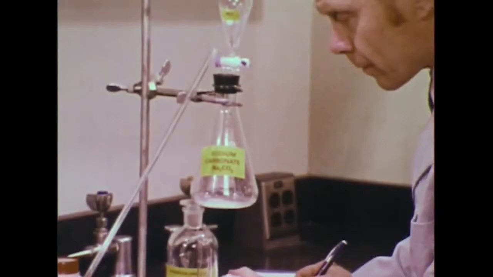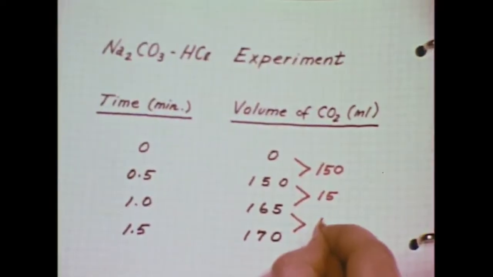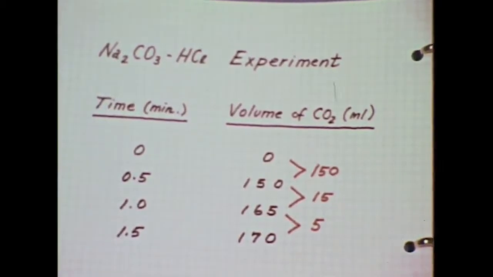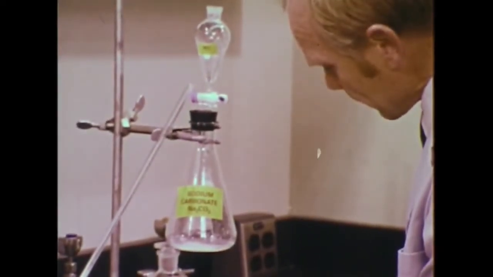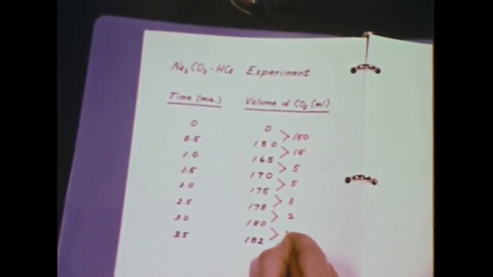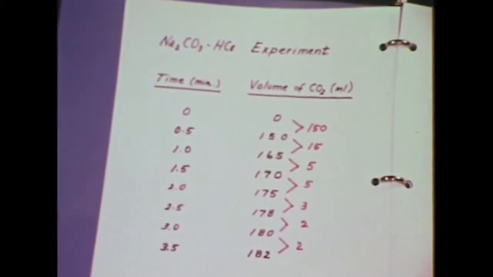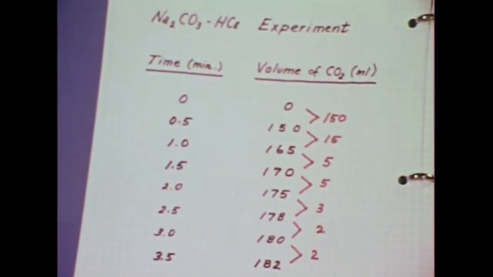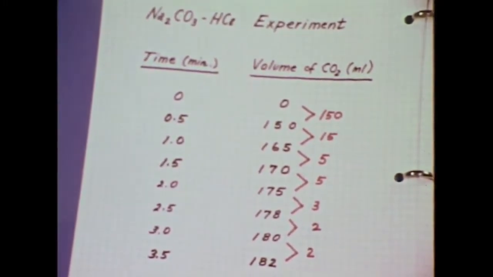In the next 30 seconds, only 5 milliliters of CO2 is added. We see that for this reaction, in each succeeding 30-second time interval, less end product is formed than in the preceding time interval. This kind of time behavior, reaction kinetics, occurs when a reactant is being used up.